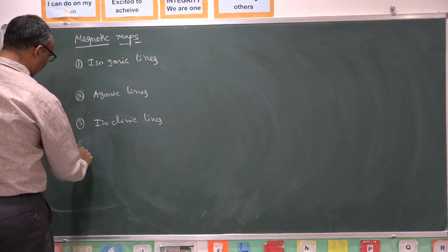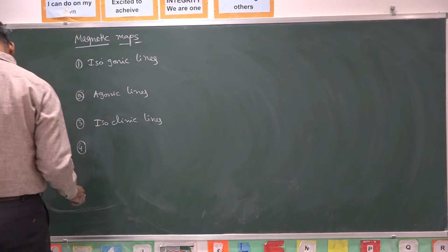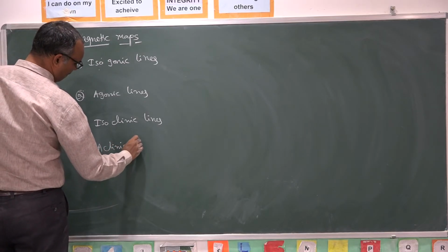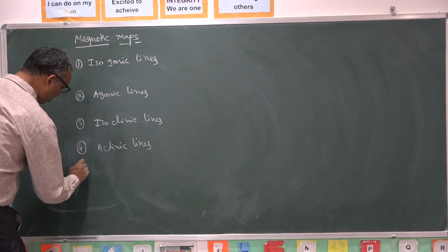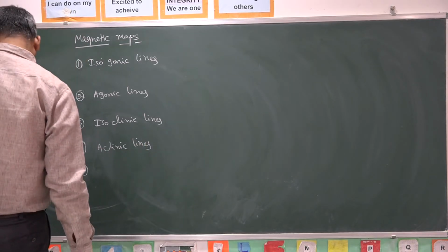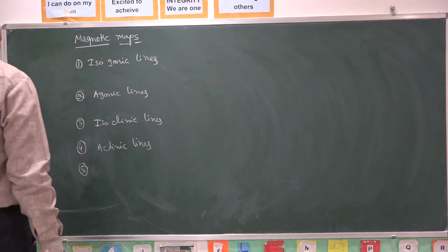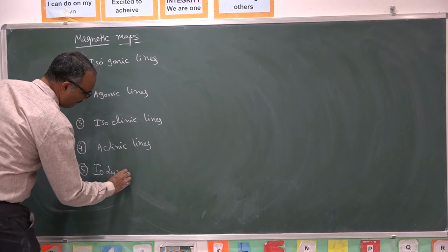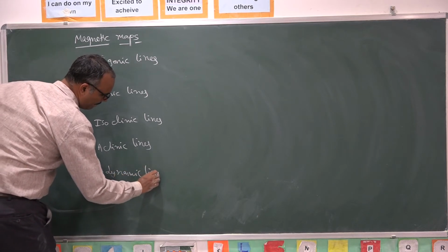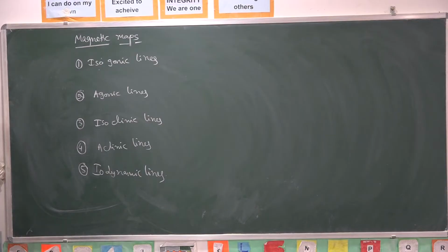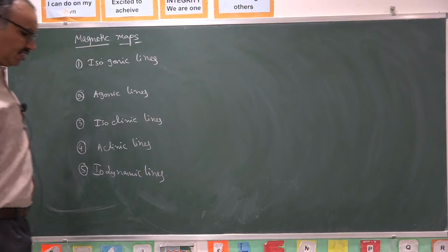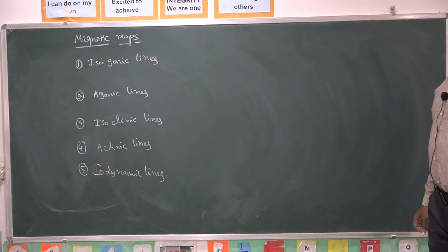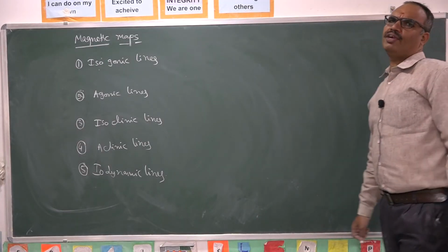The fourth set are called eclinic lines. The fifth set are called isodynamic lines. Generally, geologists and geometeorologists require the knowledge of these magnetic maps.